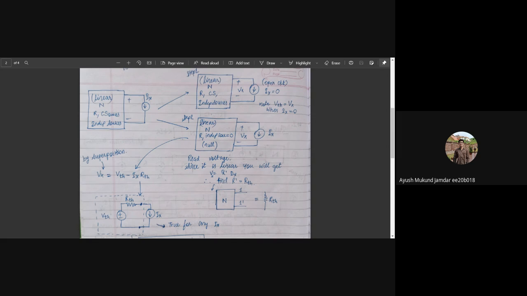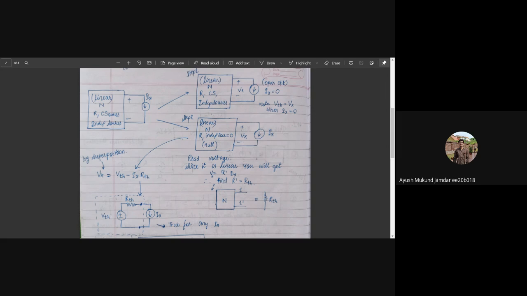Now in step 2 we null all the independent sources, that is voltage sources will be short circuited and current sources will be open circuited in the network, and now we put a constant source outside connected to the terminal, let's say Ix, and there will be a potential difference as well.